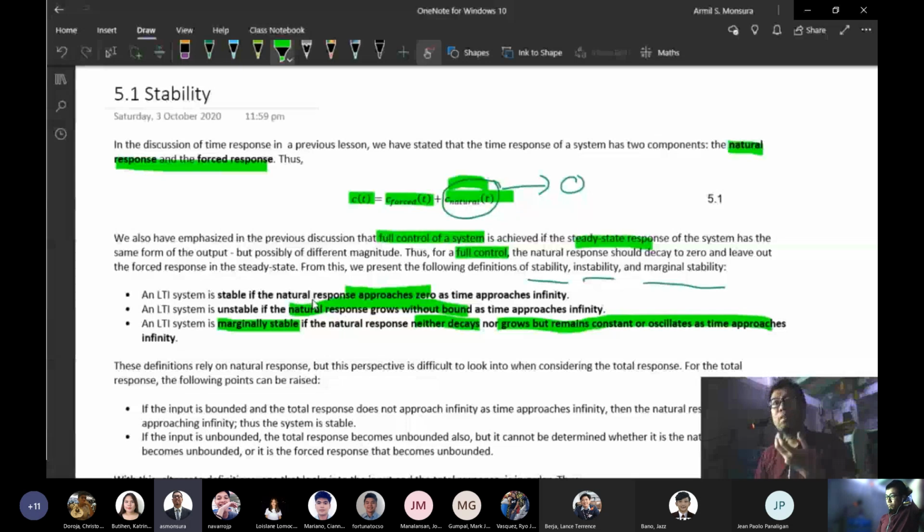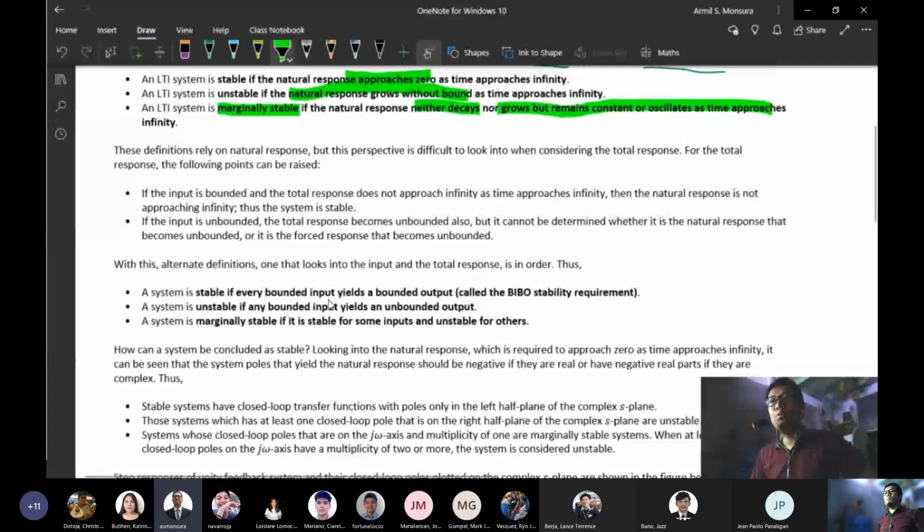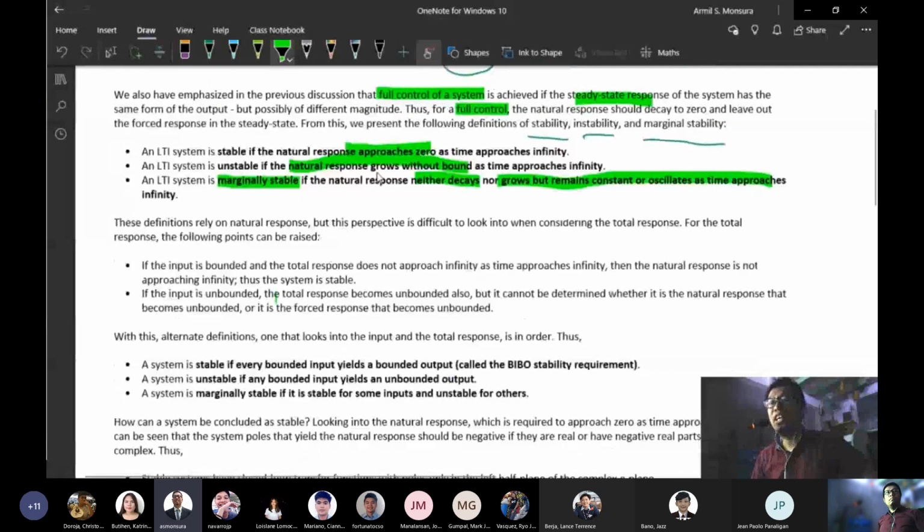But this is based on the behavior of your natural response, which madalas hindi natin talaga madederive with direct measurements, kasi ang ma-measure lang talaga natin is total response. So we will not be able to measure this directly, kasi natural response yung ginagamit as a basis of definition of stability.